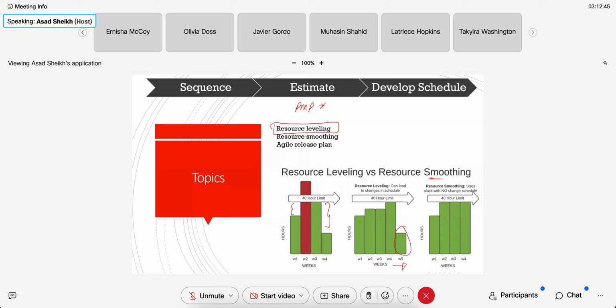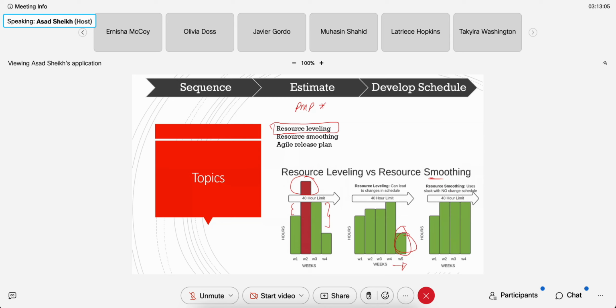And so there are drawbacks to this. The advantage is, okay, you get everybody to be working less than 40 hours, so you save some cost here, but you lost some cost here. So keep that in mind.